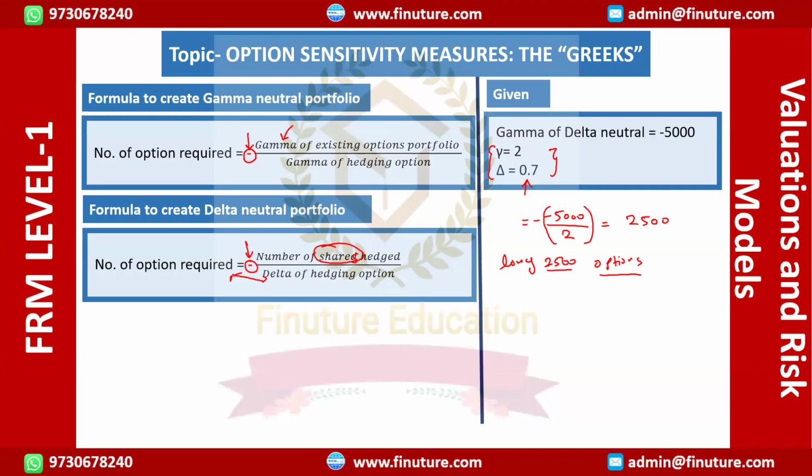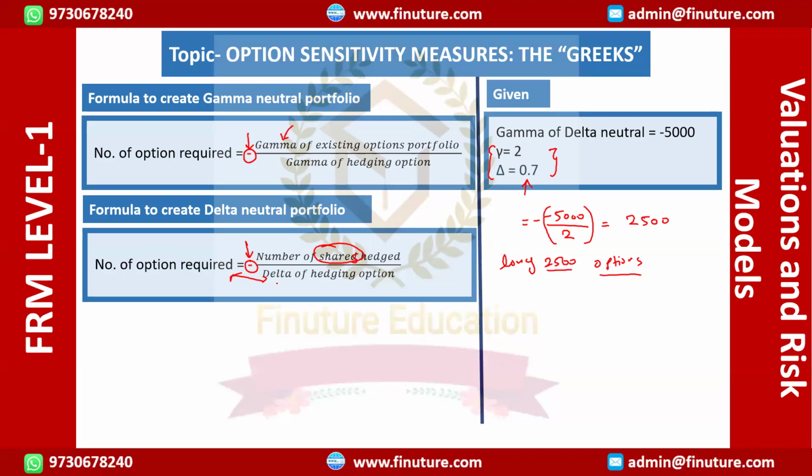In this case we are talking about buying or selling shares, because we already bought some options to make the position gamma neutral. So keep this negative sign here. This is slightly contradictory to what is mentioned in the book, but keep this sign. This will avoid any confusion.